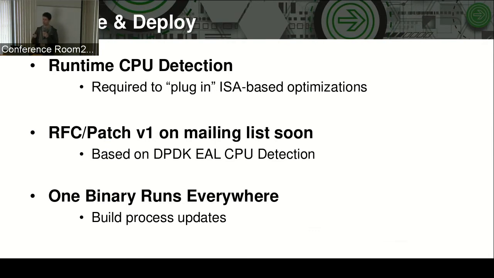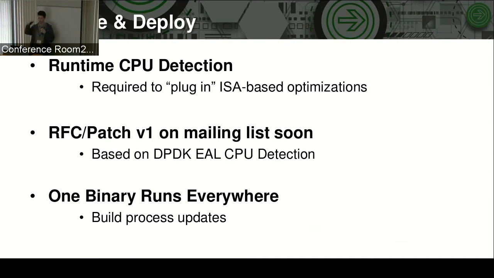This does, however, require some build process updates. What I mean here is today we compile all of OVS, every file in OVS, with a -march flag, for those familiar with compiler flags. An architecture of, I think, Core i7 is used in many of the packages. That limits the compiler from emitting instructions that are newer than Core i7.